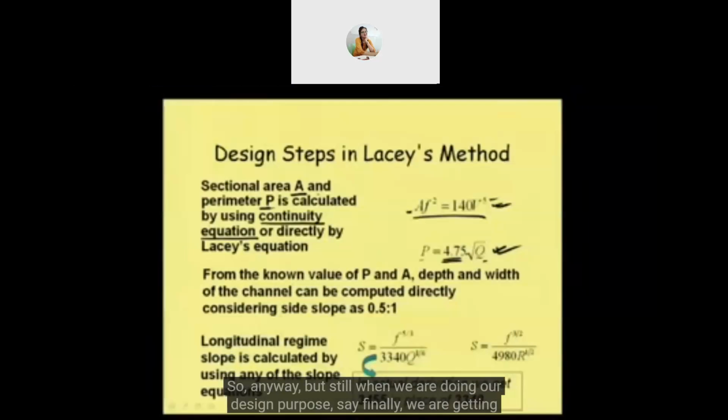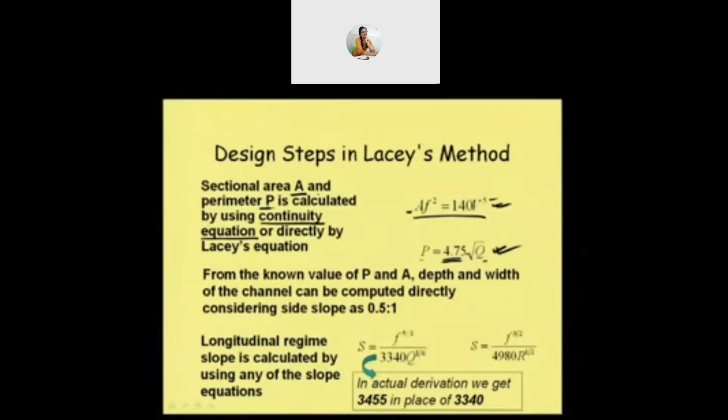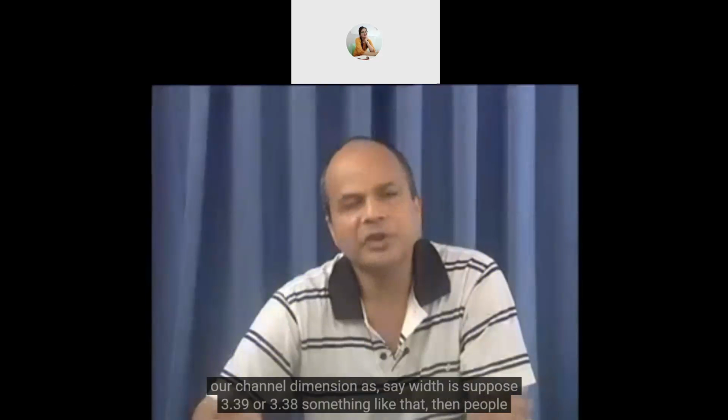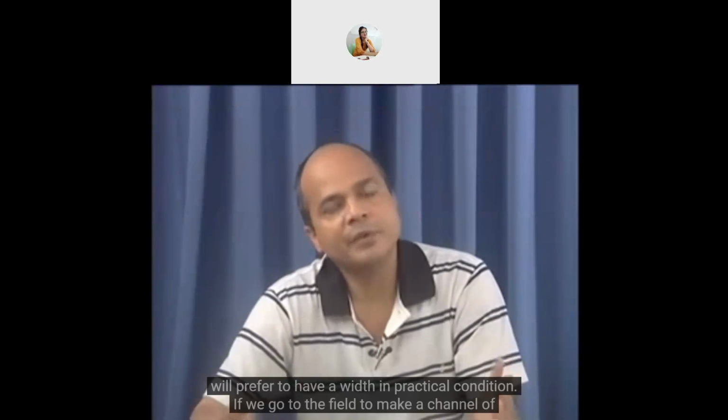But still, when we are doing our design, finally we are getting our design section. Why this is not that important, I would like to say, because practically we are designing a channel and we get our channel dimension, say width is 3.39 or 3.38, something like that. Then people will prefer to have a round width in practical conditions.